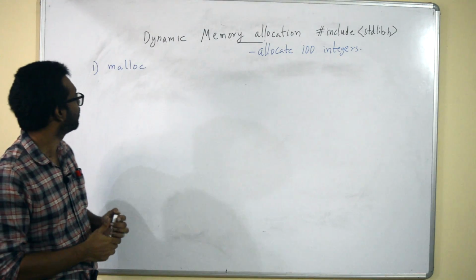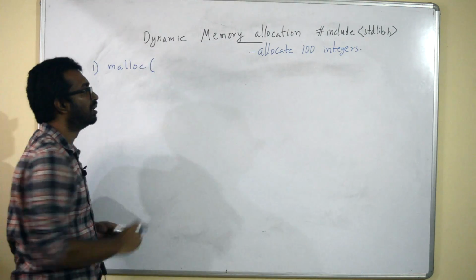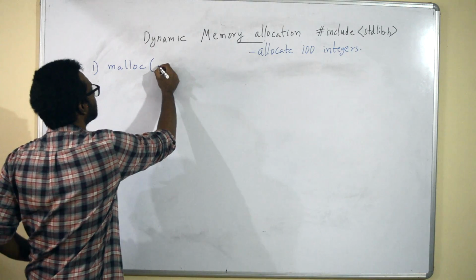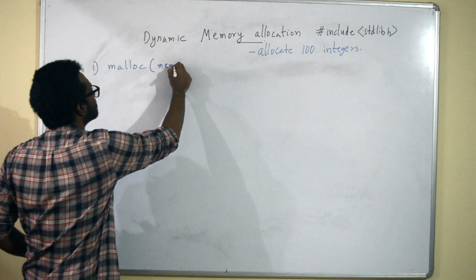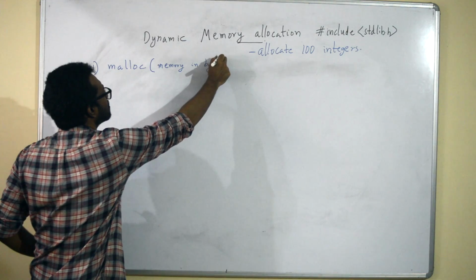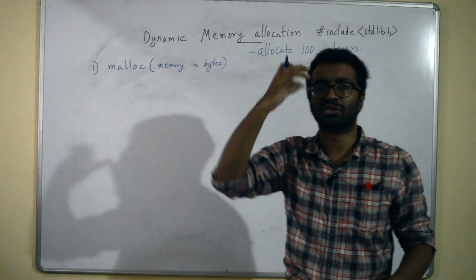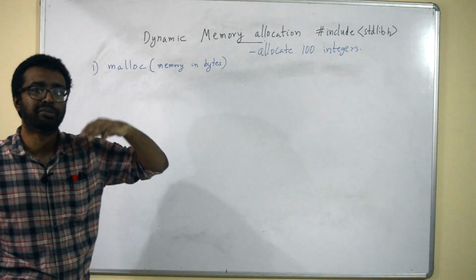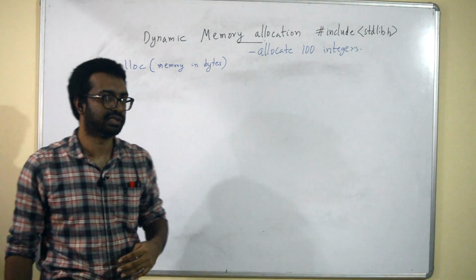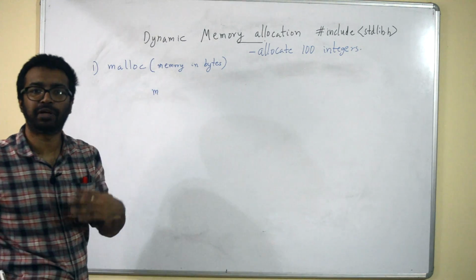So you need to pass to the malloc function the memory you want in bytes. Now I want 100 integers. So what will I pass to that function?